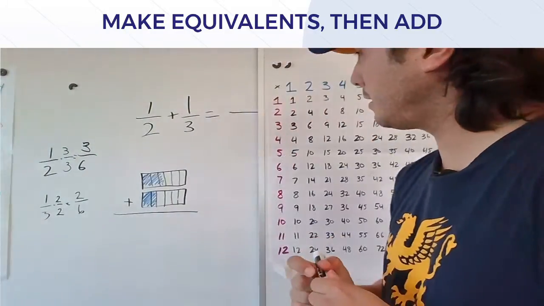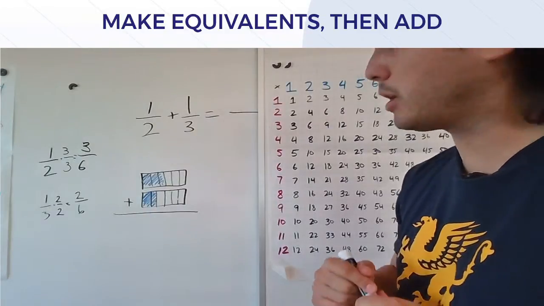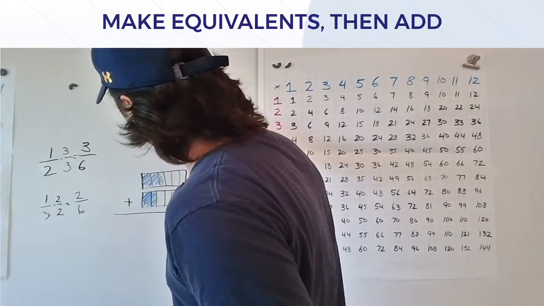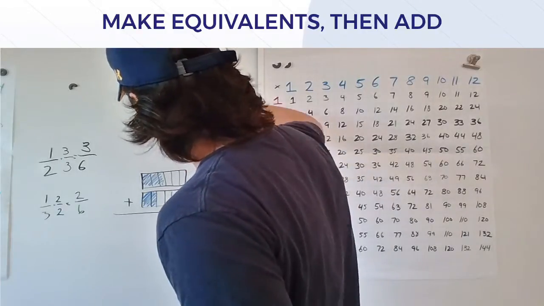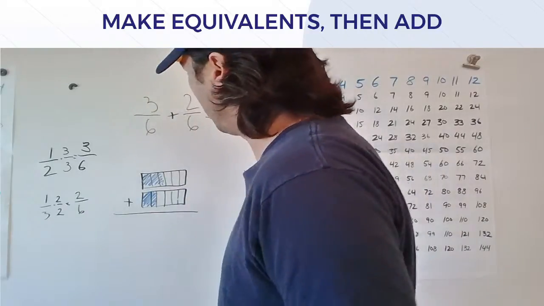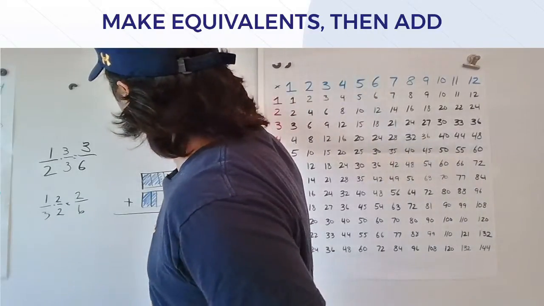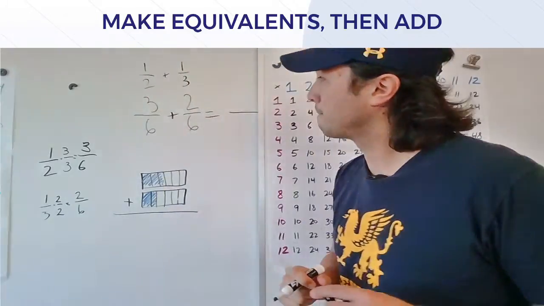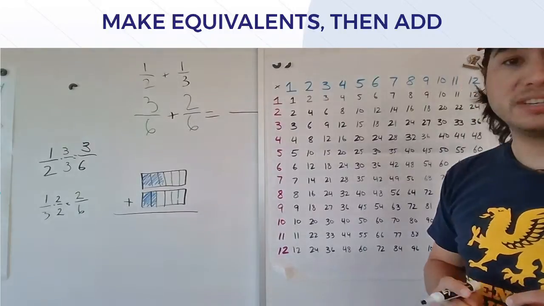So now, instead of having 1/2 plus 1/3, I have 3/6 plus 2/6. Okay, you could erase it like I did, or you could rewrite it below if you wanted to. So I have 3/6 plus 2/6.